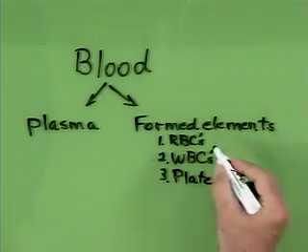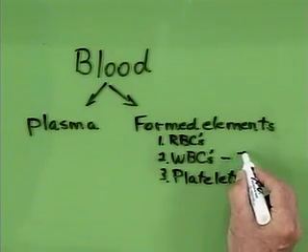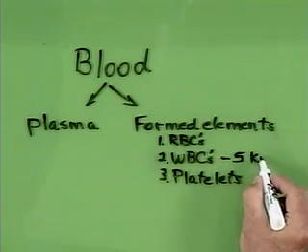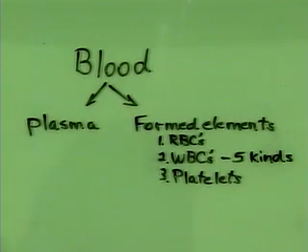So we've got these 3 kinds of formed elements. And actually, there's 5 kinds of these. And we'll talk about that more when we get to the cardiovascular system.